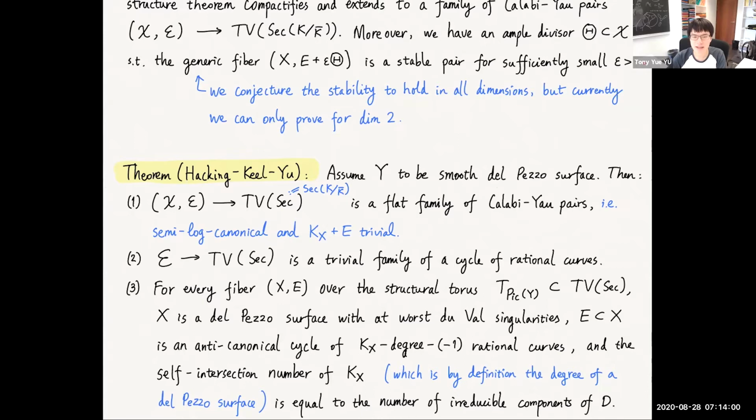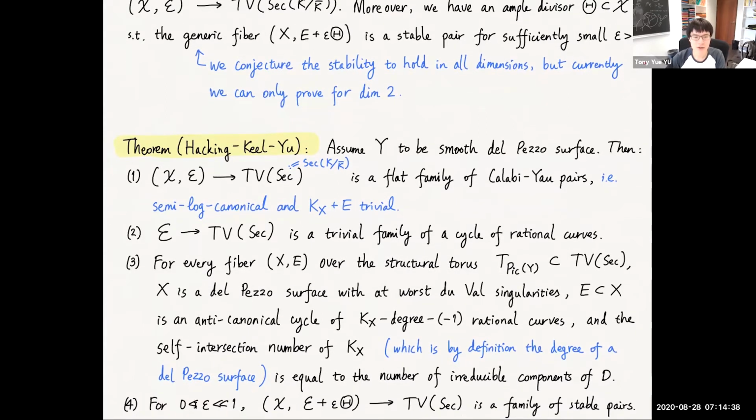We say K_X degree is negative one because of the presence of these singularities. And the self-intersection number of K_X is equal to the number of irreducible components of D. Recall that by definition, the degree of a Del Pezzo surface is just the self-intersection number of the canonical class. So over the structure torus, we really get a nice family of Del Pezzo surfaces with at worst du Val singularities.